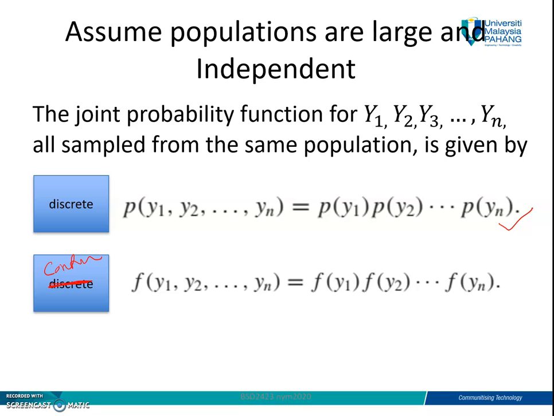Since we have n independent random variables, the joint probability function is p(y1) times p(y2) until p(yn). For continuous, you have f, so f(y1) times f(y2) until f(yn). This is when the population is large and the random variables are independent of each other.